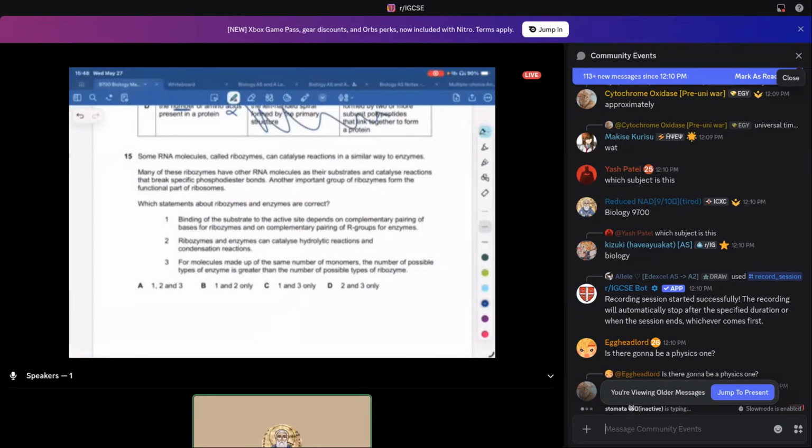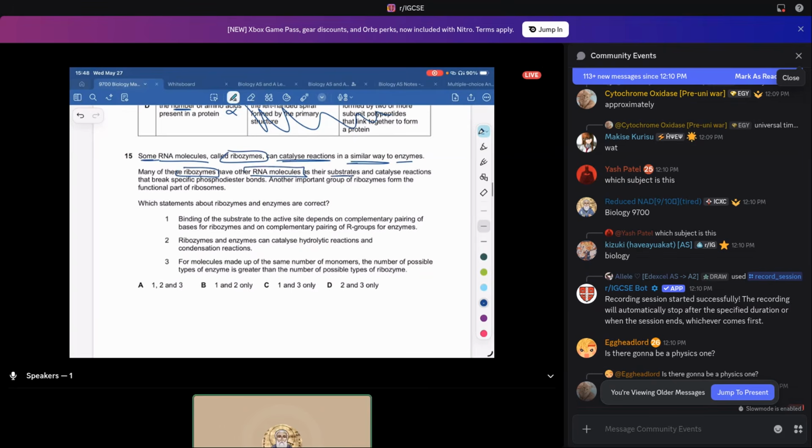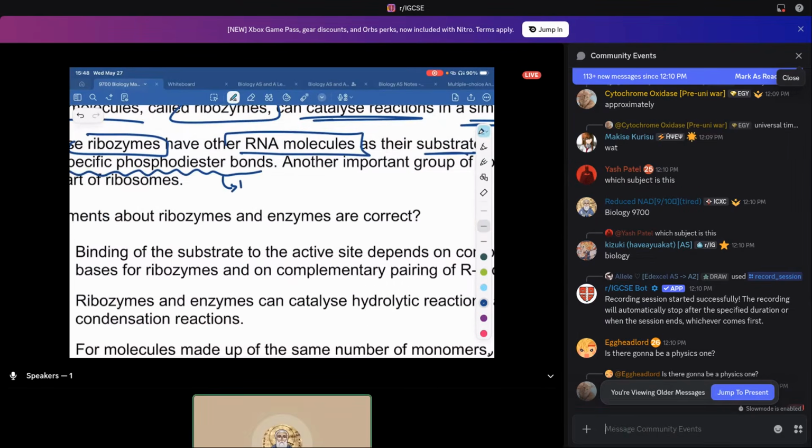15. Now, this question is really important. Anyone who left and wants to come back, please come back now. Some RNA molecules called ribozymes can catalyze reactions in a similar way to enzymes. Many of these ribozymes have other molecules as their substrates and catalyze reactions that break specific phosphodiester bonds.